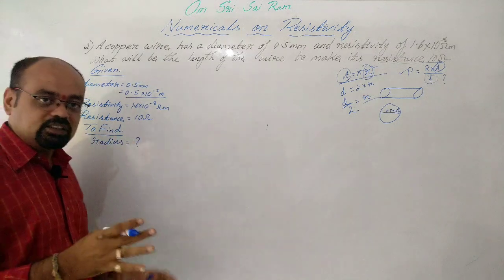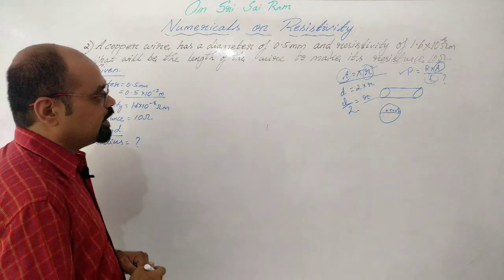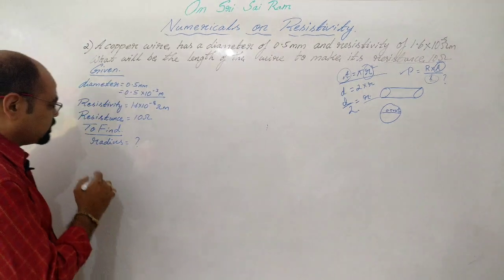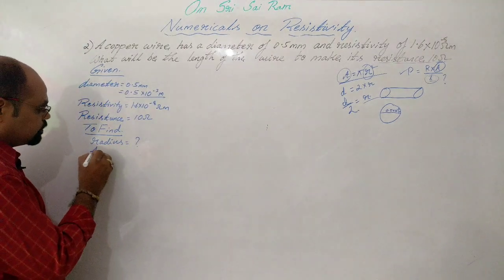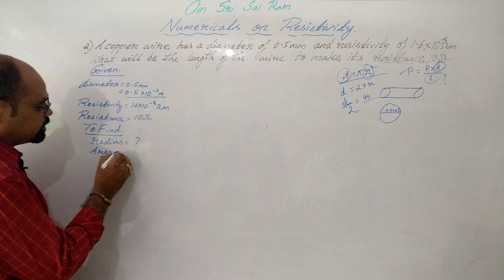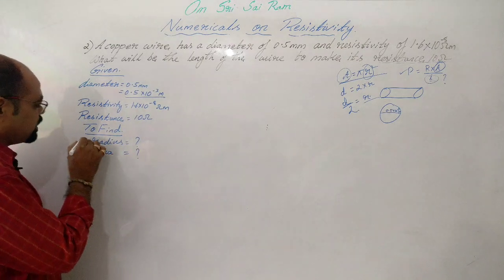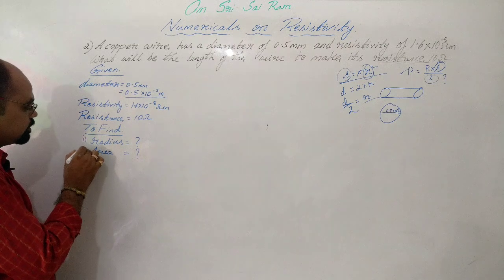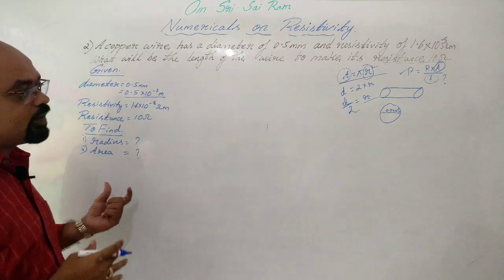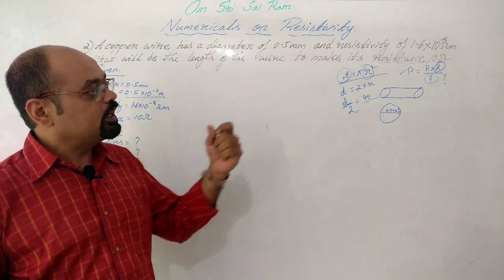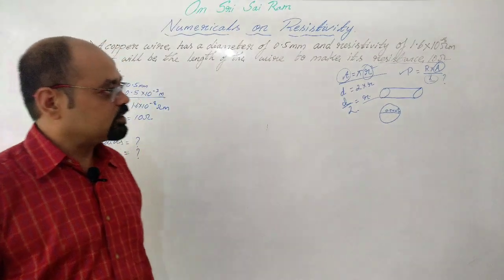Next, we need to find the area of cross section. We can write it just as area. After finding the area, we need to find the length.